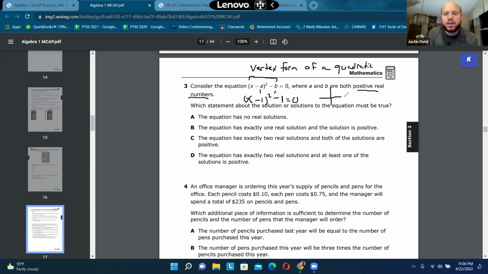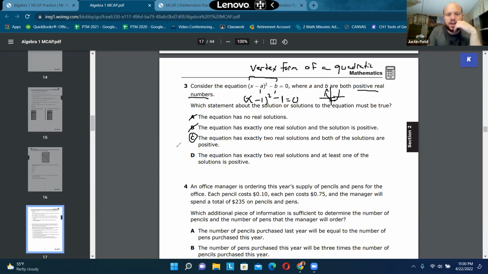So then that means it would be shifted down 1 and right 1. So we know that whatever numbers we put here, it would be shifted right and down. So it has 2 real solutions. So that's not right. No, there we go. Oh, and at least one of the solutions is positive.